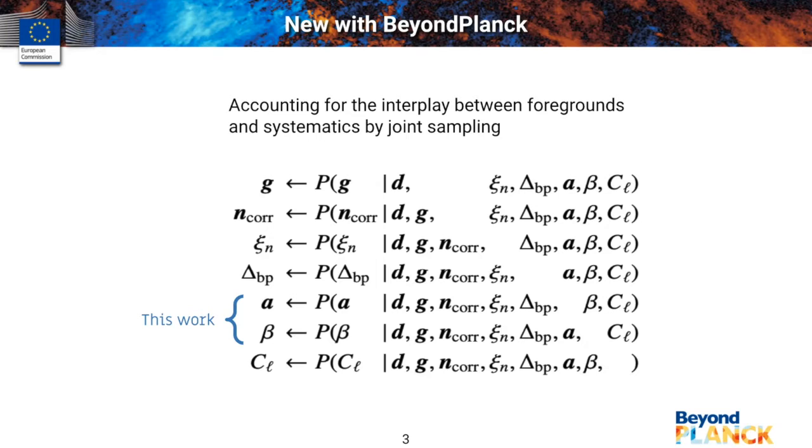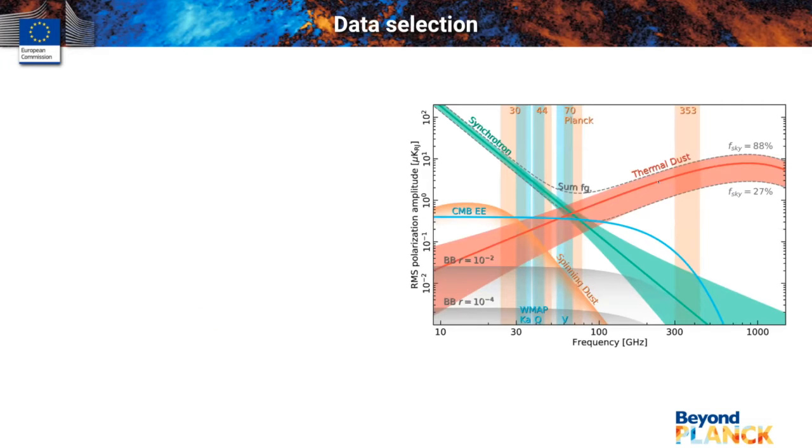So what I will talk about here is these 2 points, the 5th and the 6th point, which is the component amplitudes and spectral parameters. So the included data in the BeyondPlanck analysis has been carefully selected to complement the focus of the analysis, and that is the LFI time order data.